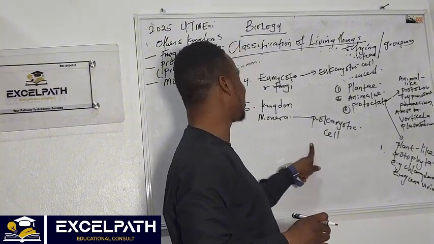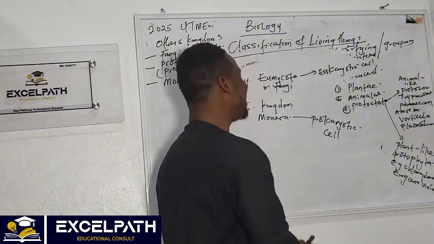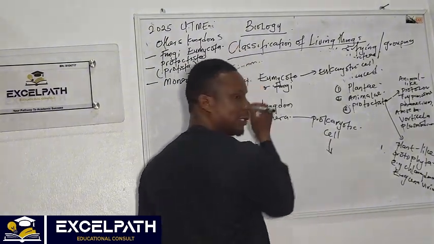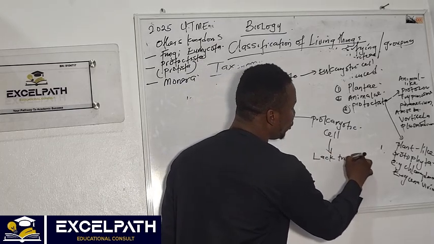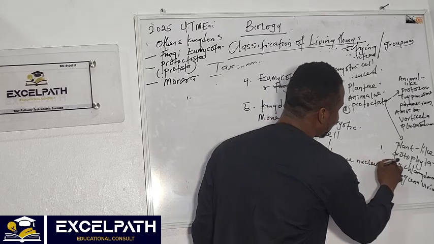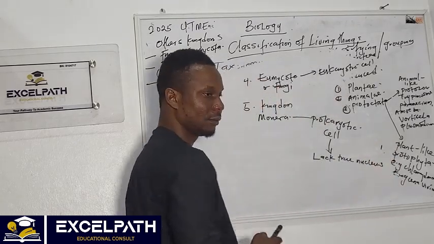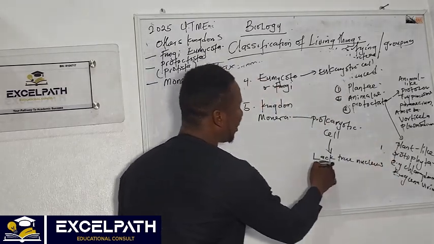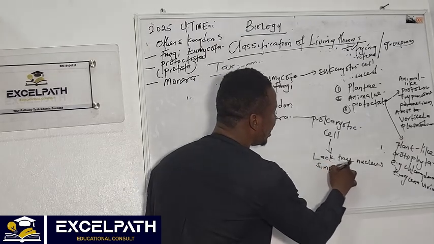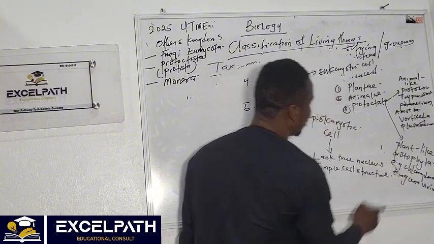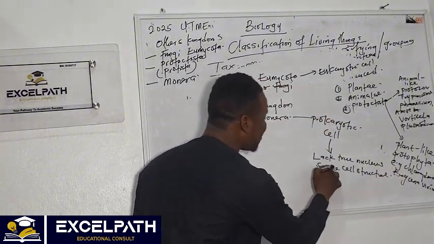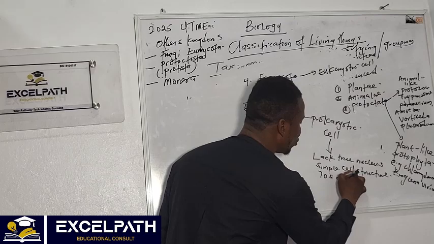prokaryotic cells. What do you mean by prokaryotic cells? The cells that lack a true nucleus, and have a simple cell structure. The cells that have 70S ribosomes.